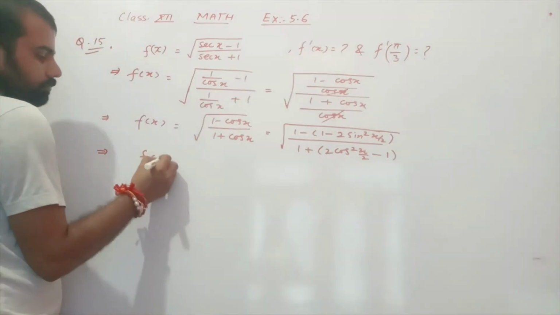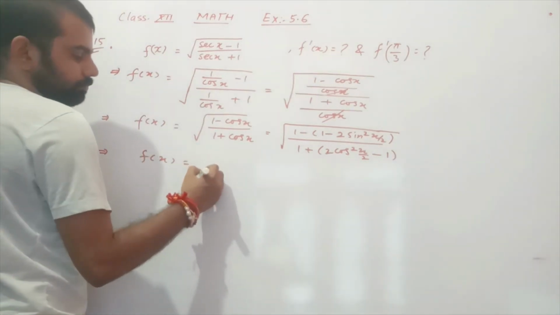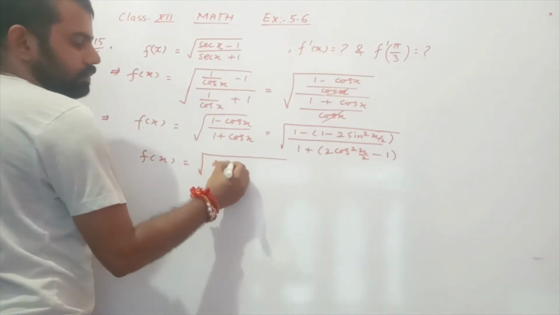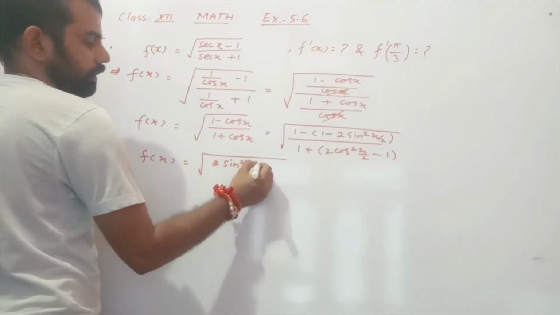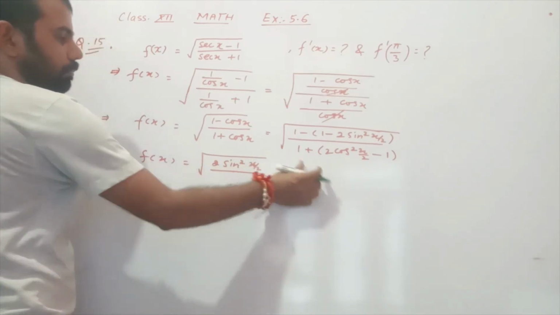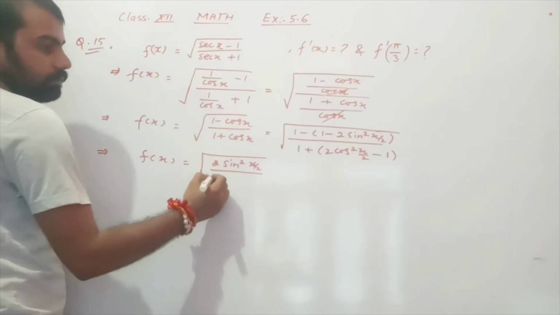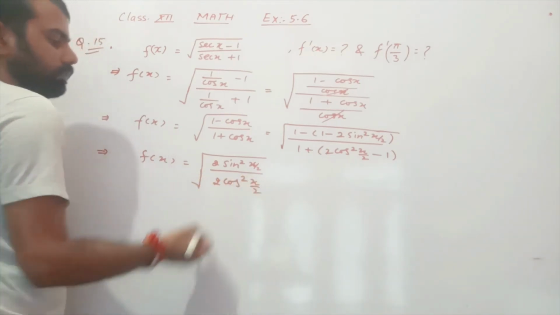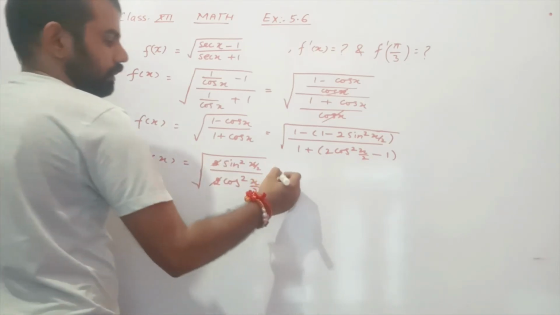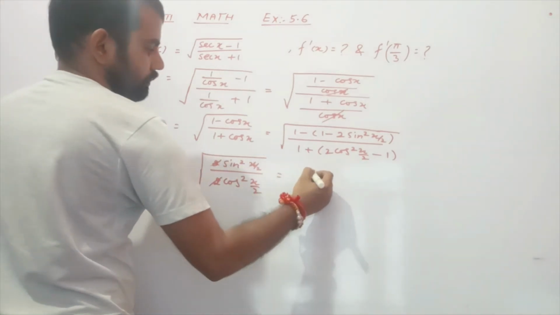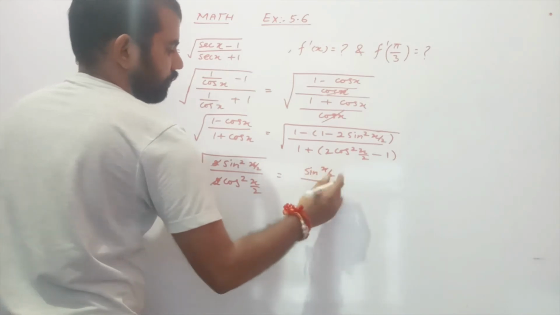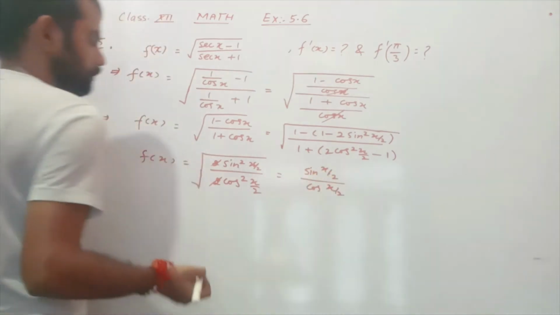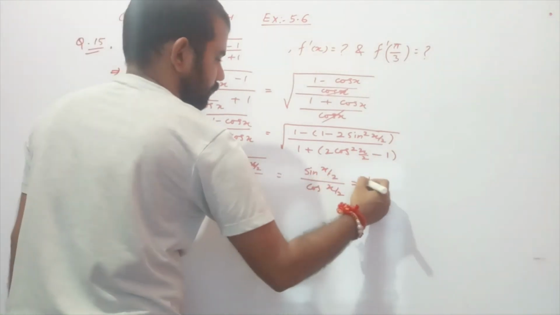After opening, fx will be 2 sine square x upon 2 upon 2 cos square x upon 2. This will reduce, and also this will be sin x upon 2 upon cos x upon 2. This implies that tan x by 2.